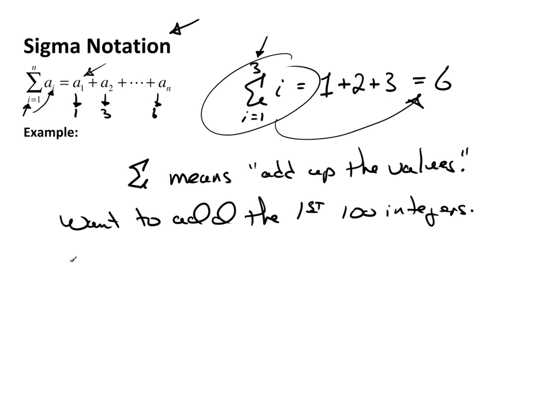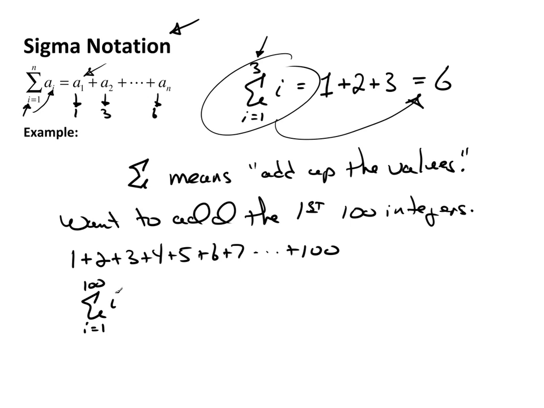Now I could write that as 1 plus 2 plus 3 plus 4 plus 5 plus 6 plus 7, yada yada yada, all the way up to plus 100. Or I could simply say, using sigma notation, the sum i equals 1 to 100 of i. Done. This says the exact same thing as all of that. This notation is very compact.